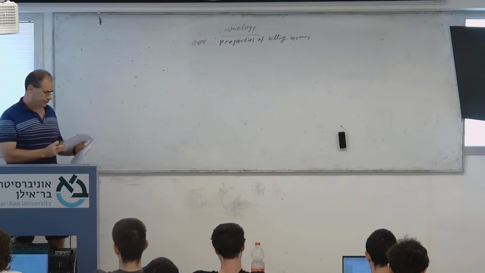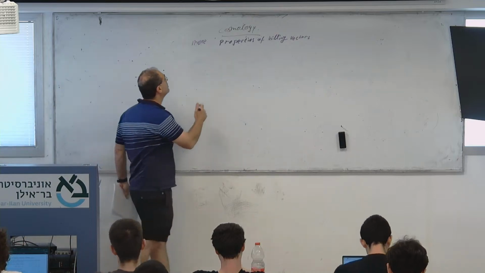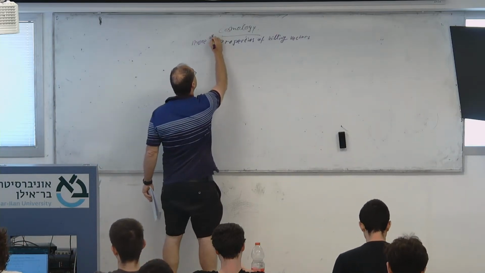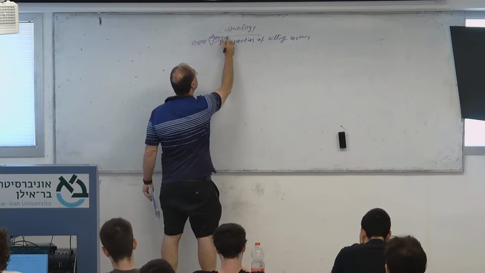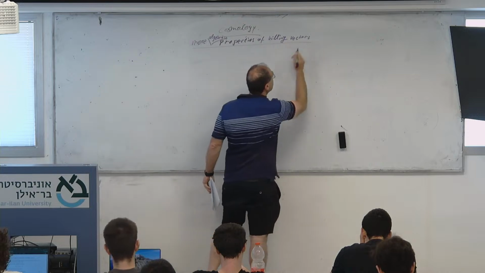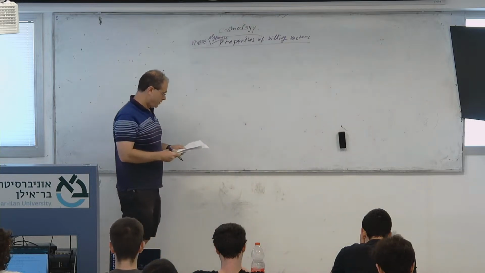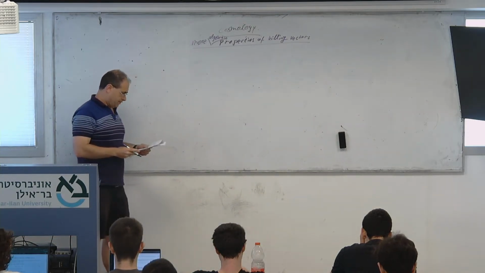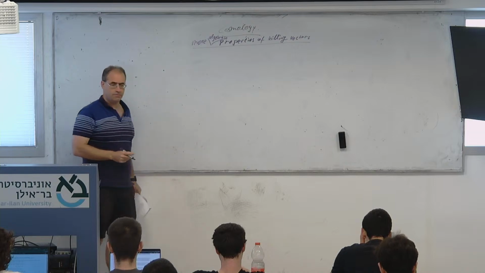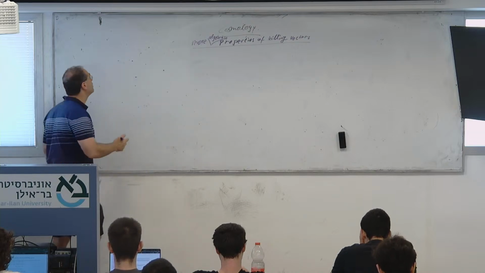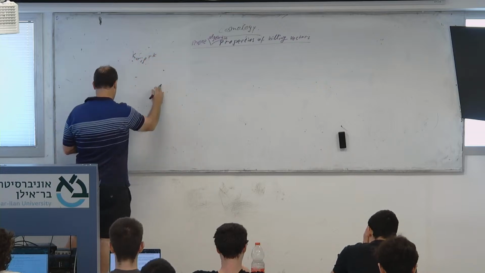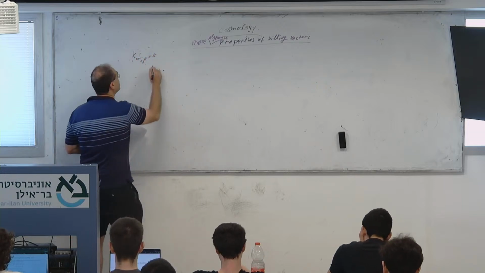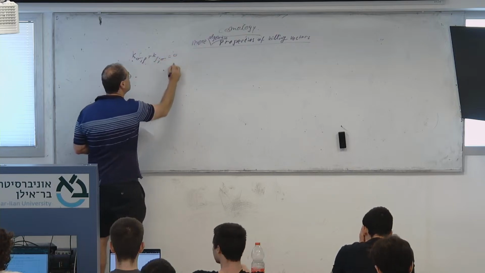So, ready for the algebra. Killing vectors satisfy the Killing equation: K sigma rho plus K rho sigma is equal to 0.